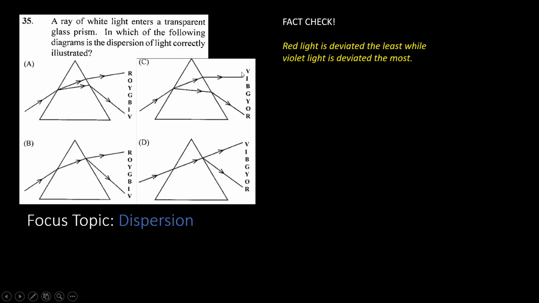C would be out because it's showing violet light to be deviated the least. All right, so your answer is A.